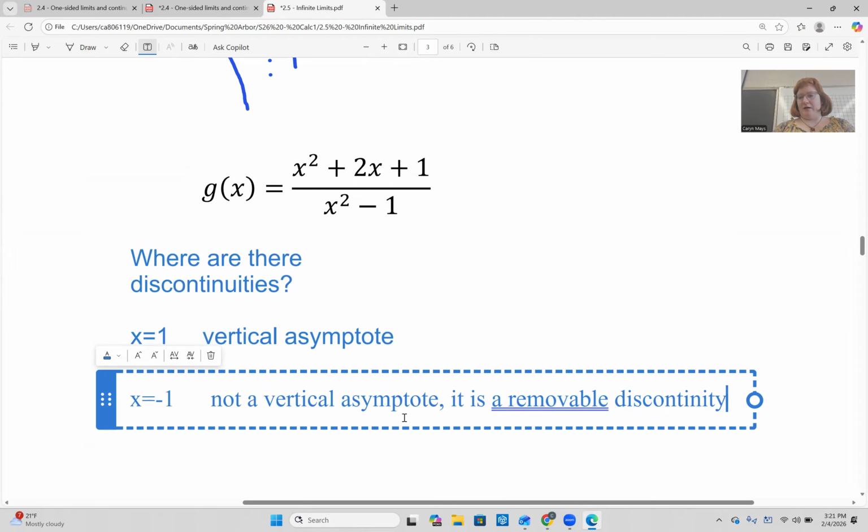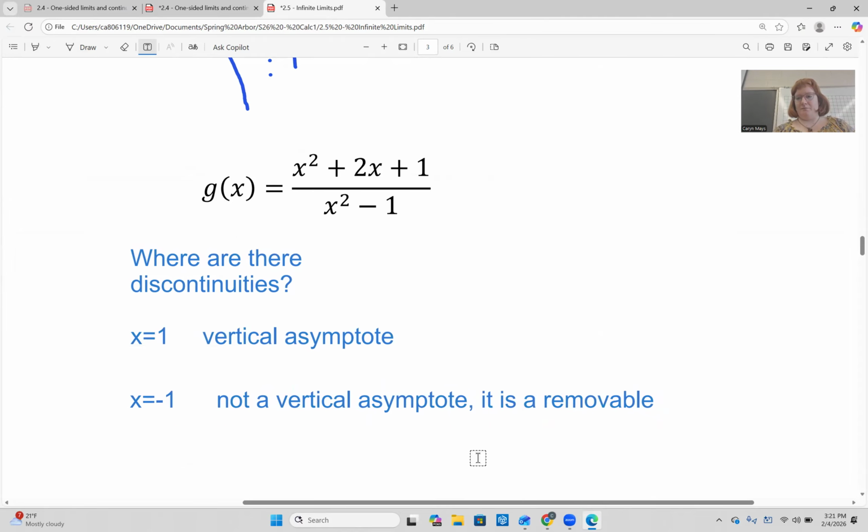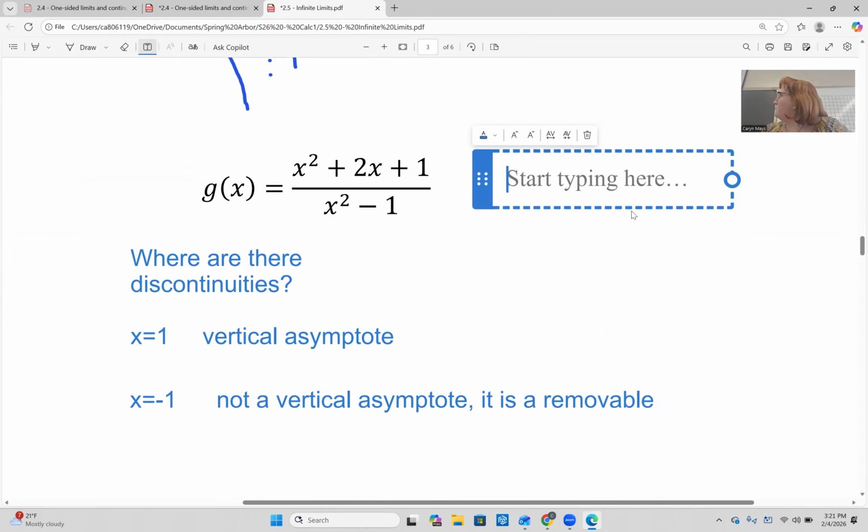And we can see that using our methods from before. How does that numerator factor? It's x plus 1, x plus 1.